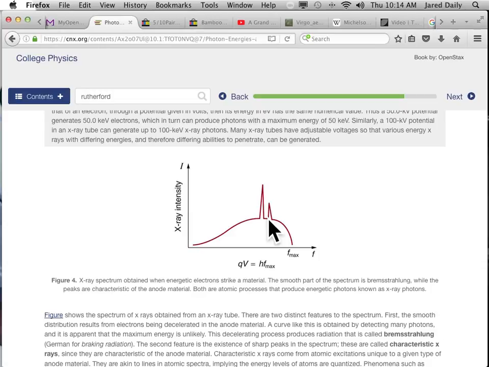So these are high energy X-rays that came out because of disturbances in the orbits of the electrons in the metal atoms. And they're at specific frequencies because those electrons are at specific energy levels, so they only release certain energies of light.